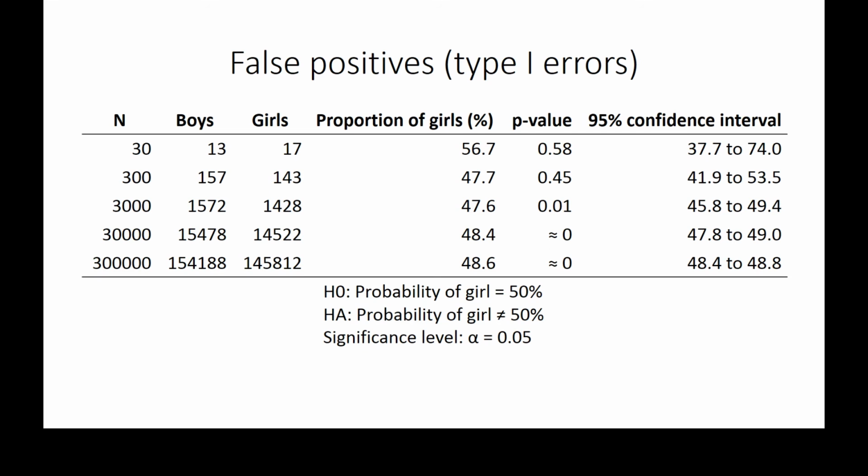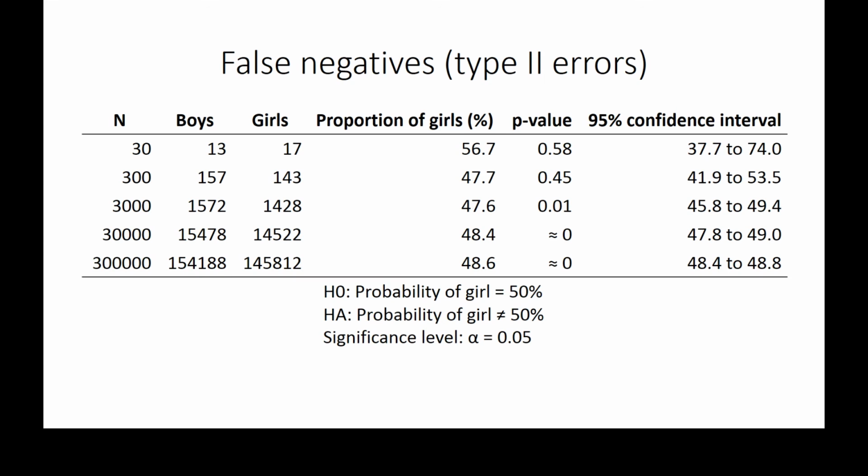And this kind of error is called a false positive or type 1 error. False negatives or type 2 errors occur when we do not reject H null, even if H null was false, while the type 1 error rate only depends on the significance level. The type 2 error rate also depends on the number of observations.